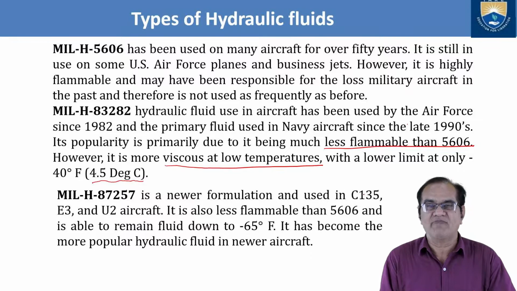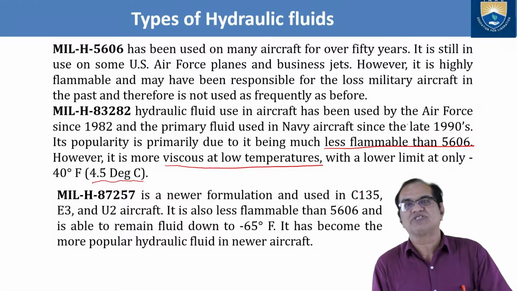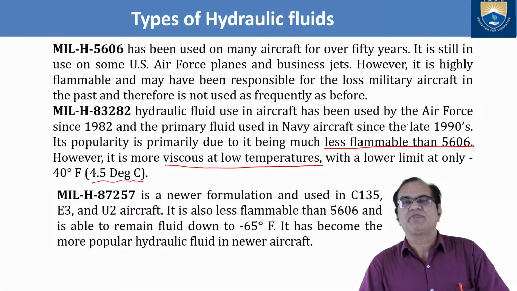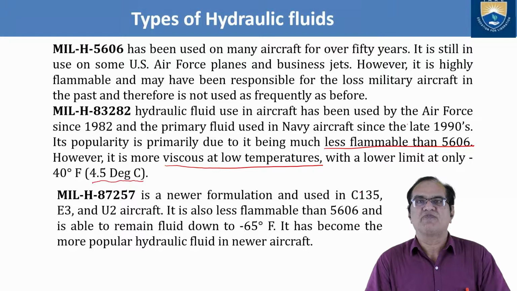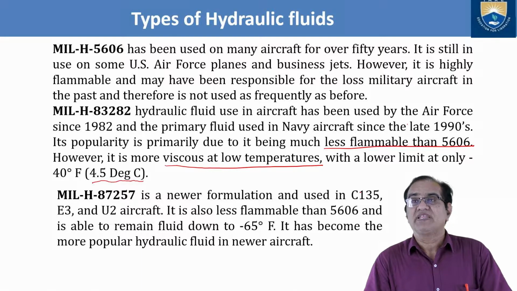However, the performance depends. Sometimes our aircraft goes to a very high altitude where temperatures are very low, that may be less than 4.5 degree centigrade or 40 degree Fahrenheit. If it is like this, then this fluid, military H83282, will become denser.